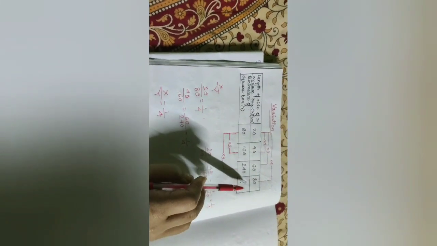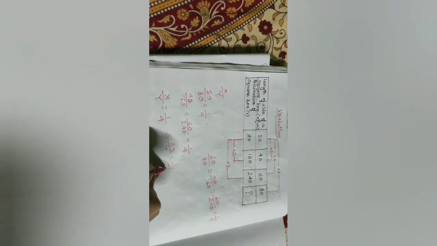Now I have to find the value in this place. As we all know that x by y is equal to 1 by 4 for this sum, I am putting the value of x, that is 80, divided by y, that is equal to 1 by 4.